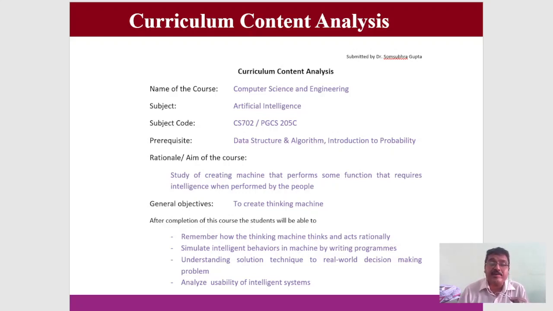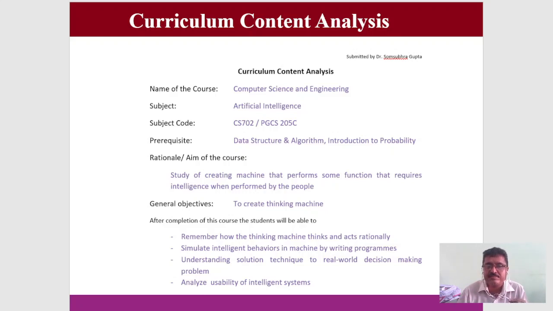Now we have to determine what's the rationale or aim of the course. That is very crucial. What's the purpose of studying AI? The study of creating machines that perform some function that requires intelligence when performed by people. That's a very formal definition, as we all know.